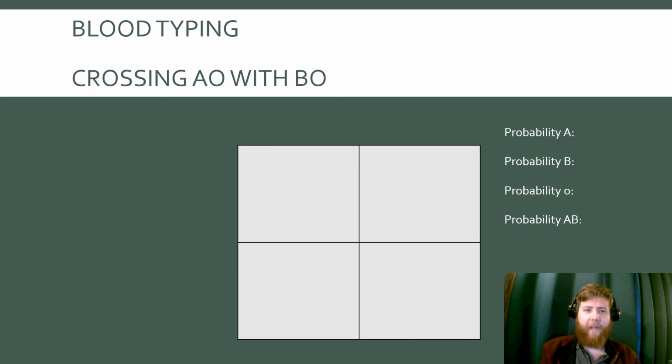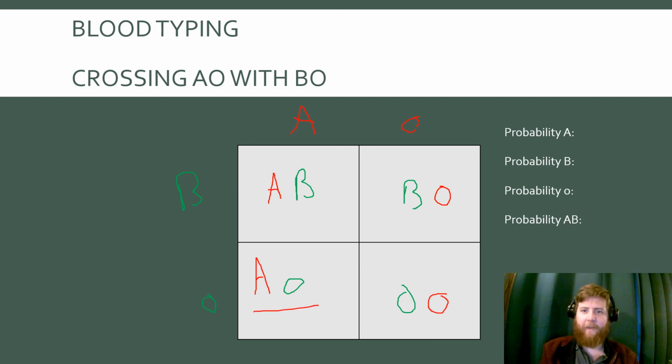Okay, now we said that A and B are codominant, so let's do one that is heterozygous for type A and heterozygous for type B, and do this cross here. So we get A down, O down, O down. We're going to get B over, BO, O over, and OO. So for this one, how many type A's do we have? Well, we have this one here, that's AO. So that's 1 out of 4, or 0.25.